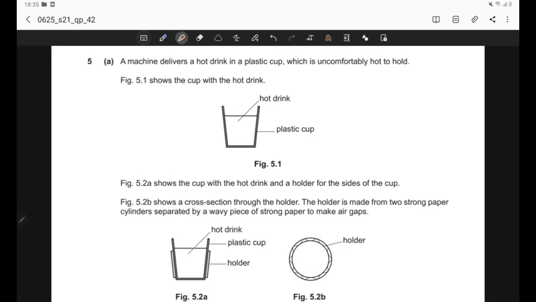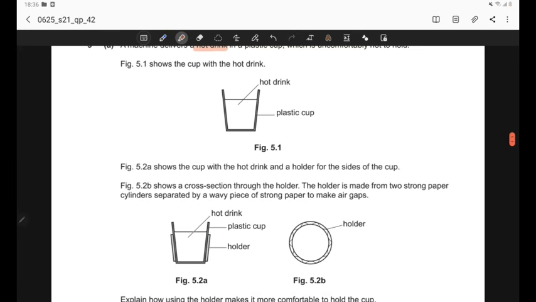Question 5 part A. A machine delivers a hot drink in a plastic cup which is uncomfortably hot to hold. Figure 5.1 shows the cup with the hot drink. Figure 5.2a shows the cup with the hot drink and a holder for the sides of the cup.